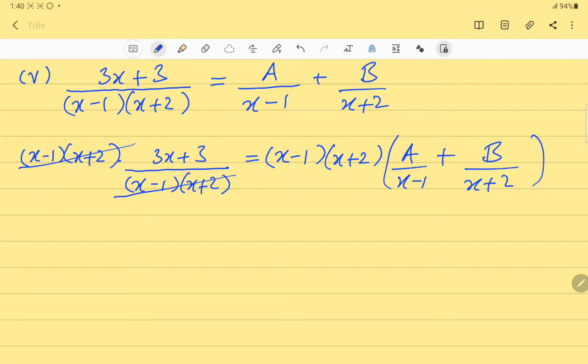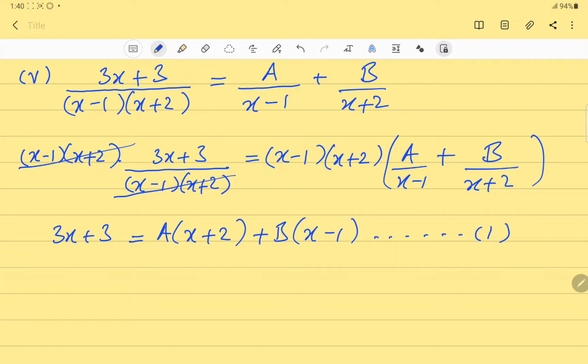These two cancel and we are left with 3x plus 3 is equal to, by multiplying x minus 1 into x plus 2 with both the terms inside the bracket, a into x plus 2 plus b into x minus 1. Let us call this equation number 1.